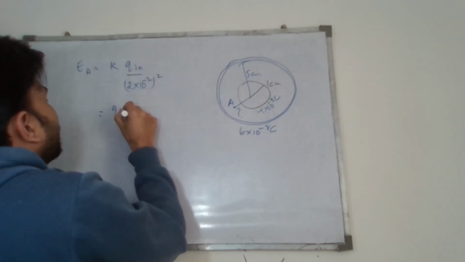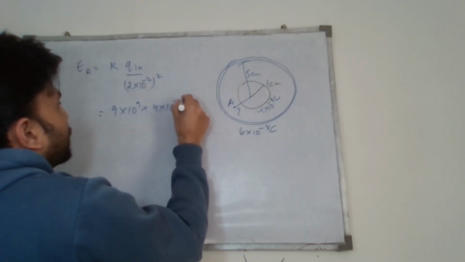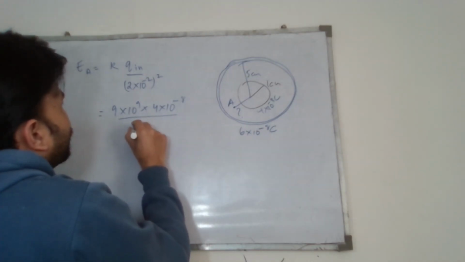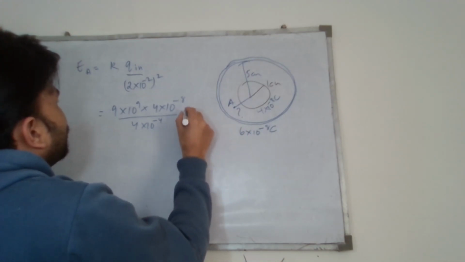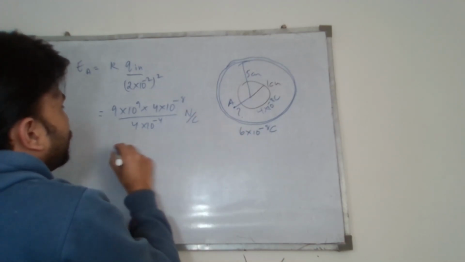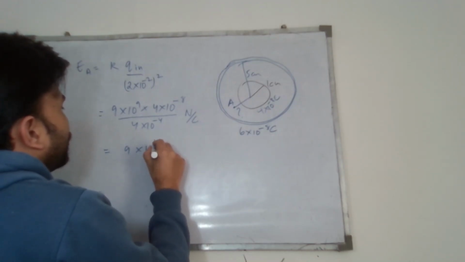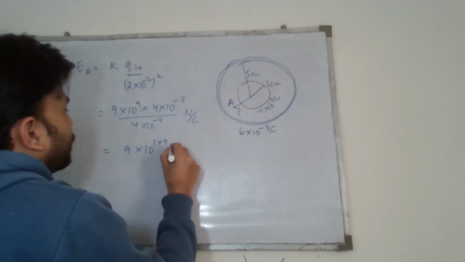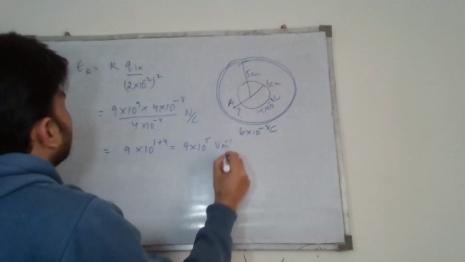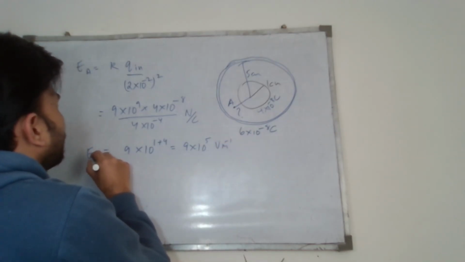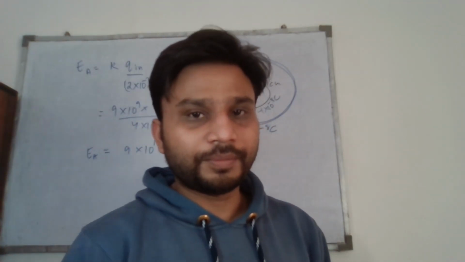So this is 9 into 10 to the power 9 into 4 into 10 to the power minus 8 divided by 4 into 10 to the power minus 4 newton per coulomb. So this is 9 into 10 to the power 1 plus 4, that is 9 into 10 to the power 5 volt per meter. So this is the electric field at point A.